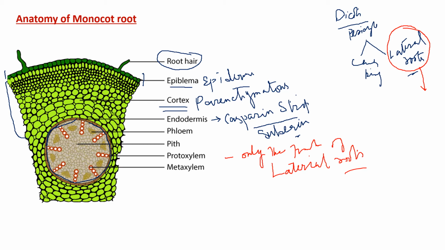Now this is one difference. Second, there is no secondary growth. You will not see any secondary growth in the monocot root under normal condition.